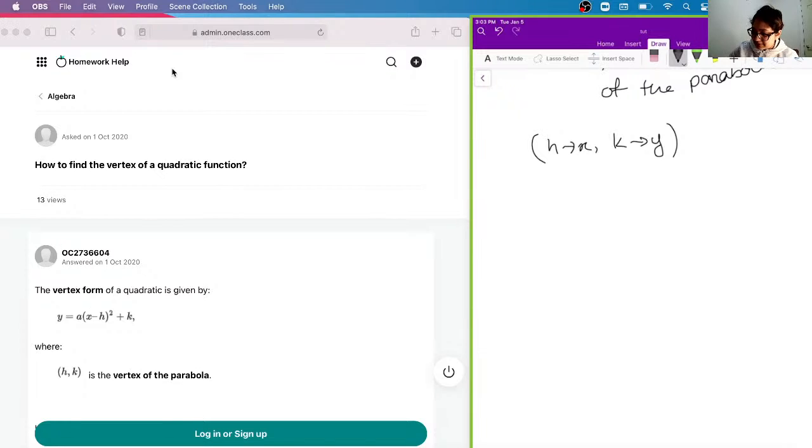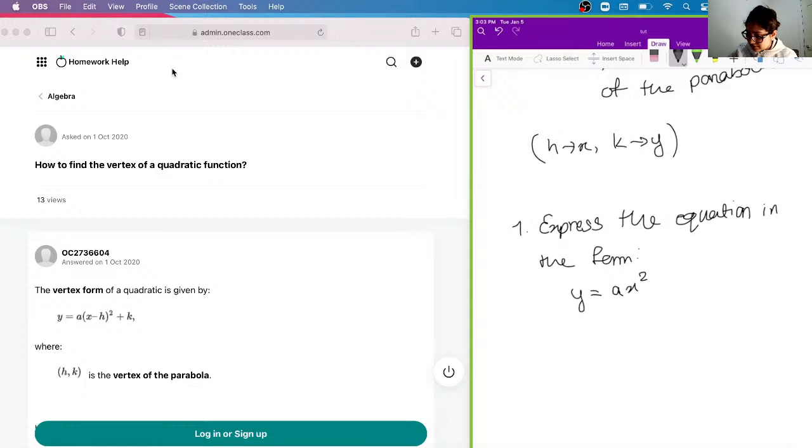The first step is to express the equation in the form we just mentioned, which is y equals ax squared plus bx plus c, where a and b are coefficients and c is just a constant number.